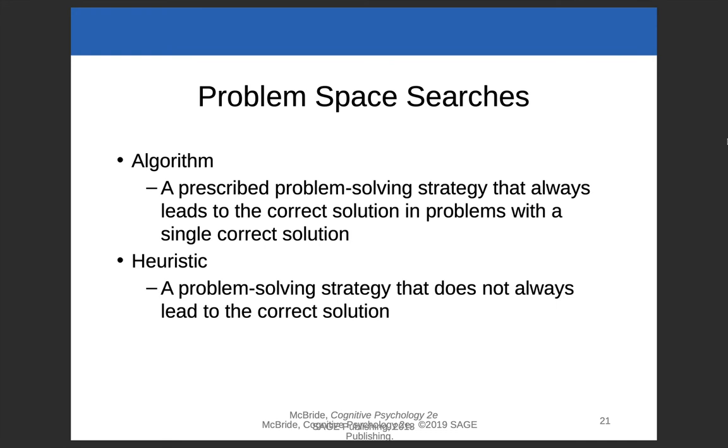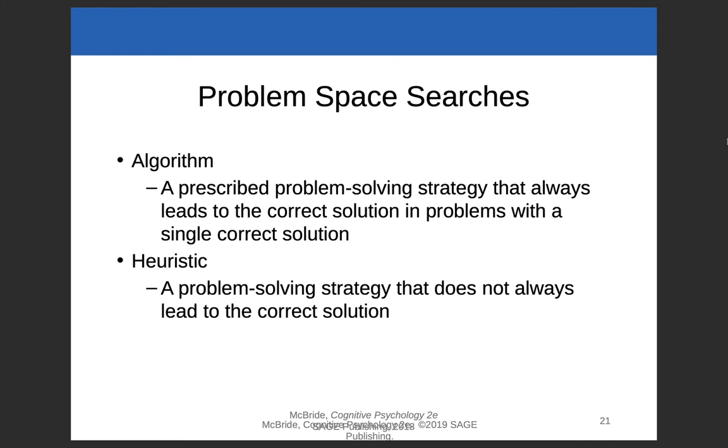So working a Sudoku puzzle, for example, you can come up with an algorithm to solve that puzzle because a successfully completed Sudoku puzzle only has one solution. Any math problem that you get in class, if you're taking a math class, only has one correct answer, and you can create an algorithm or a list of steps and instructions for solving that particular problem.